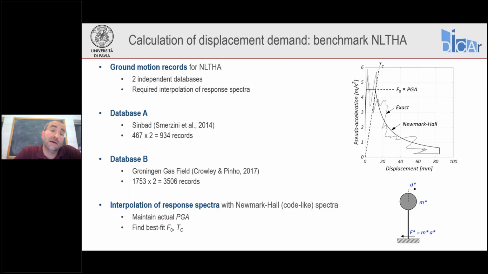Now, the first database, database A, included 934 records. The second one, more than 3,500 records. The first one is for tectonic seismicity. The second one was assembled for a specific problem of induced seismicity in the Netherlands. And again, all our oscillators were subjected to all these nonlinear time history analyses.